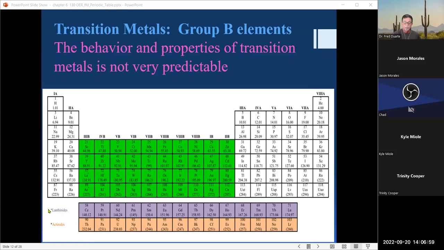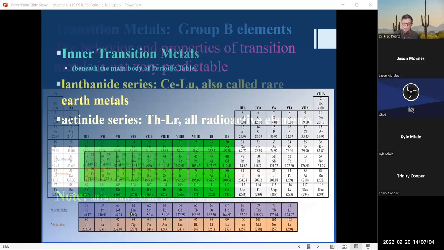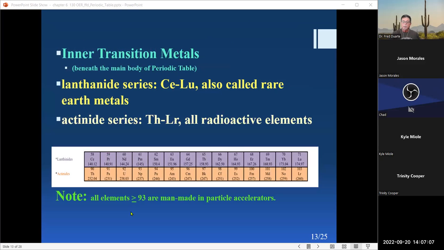Now, the 2 periods in the bottom, the alternative name is the inner transition metals. And a more specific name, you see at the left, they call the lanthanide series and the actinide series. The lanthanide series, which are right here, you may hear called rare earth metals. And literally all the actinide series down here are radioactive material.